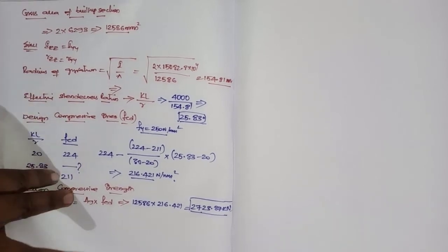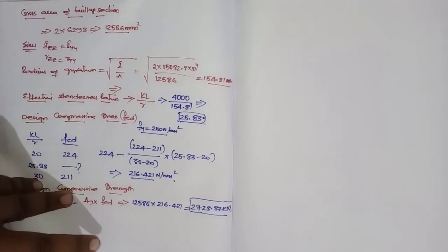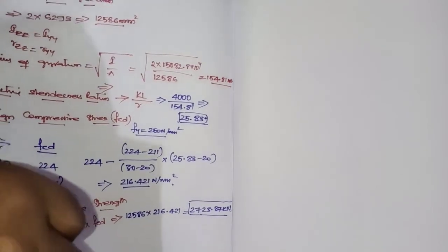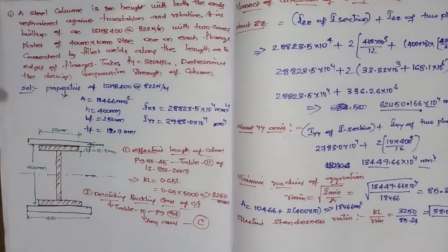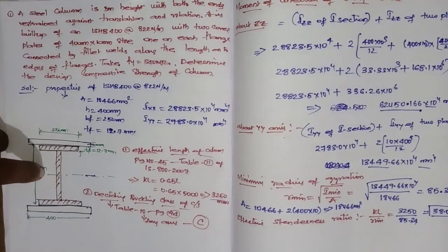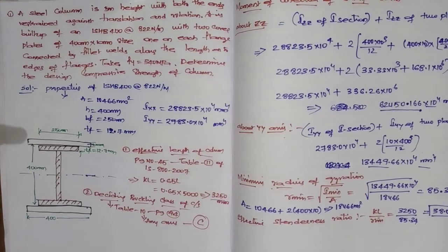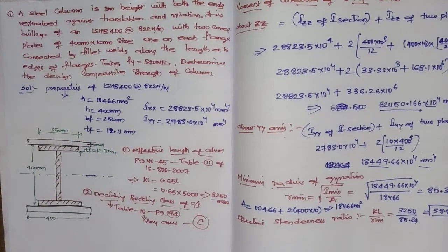With respect to the previous problems, what is the difference? In the previous problem they directly mentioned the effective length, and they had given two lateral supports for a column section, one at 6 meters about the major axis and one about the minor axis.